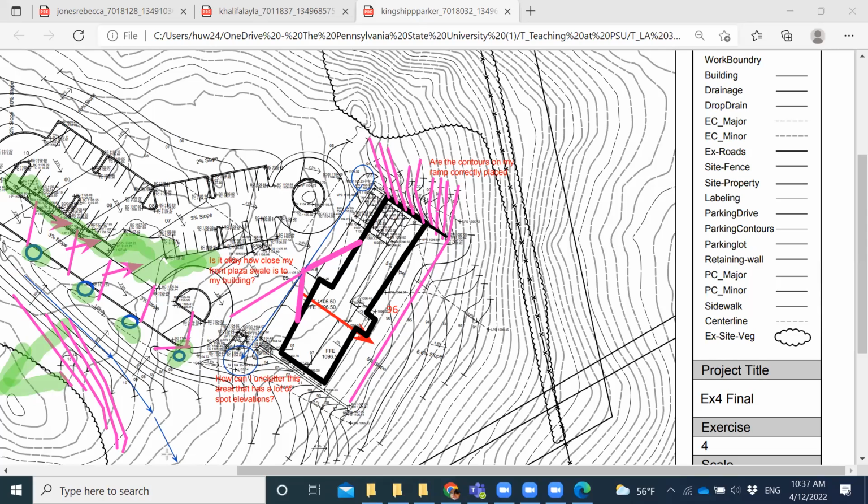Once you tighten the contour like this, you can see how you can gain a lot of room in this area, right? So those contours can be connected back way here, right? So you would have a lot of room in this area to treat the water in this location. You should be able to do that.